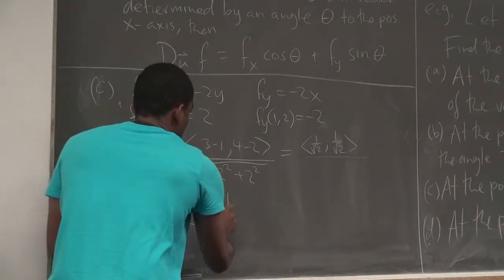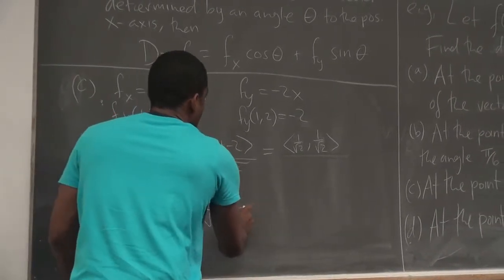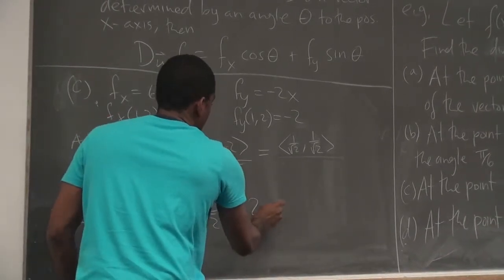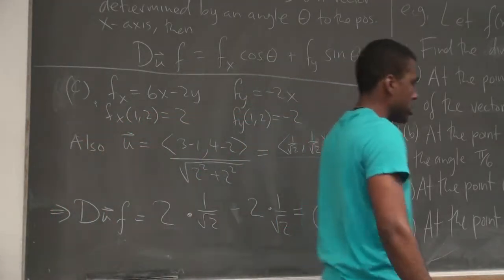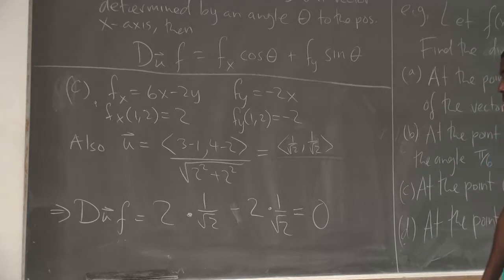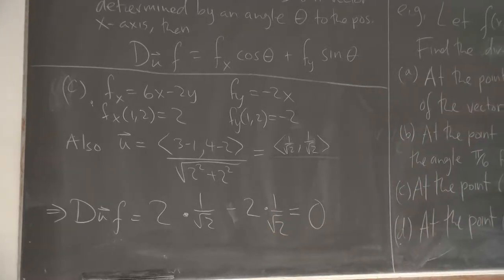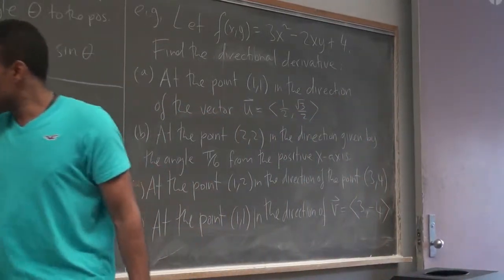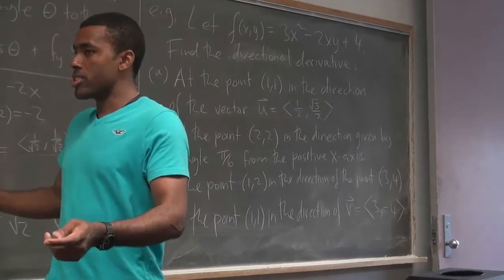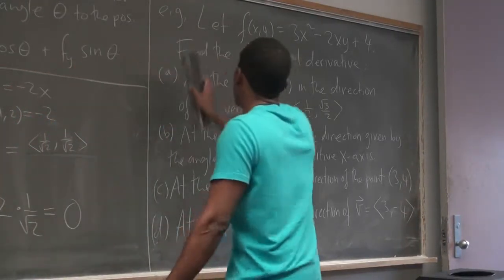Two times 1 over radical 2 minus 4 times 1 over radical 2. So in that case, the directional derivative is 0. In other words, the rate of change at this point, if you're moving towards that point, is 0. Right? Which means if you're actually looking on this surface, it would just be flat, like nothing really happened.